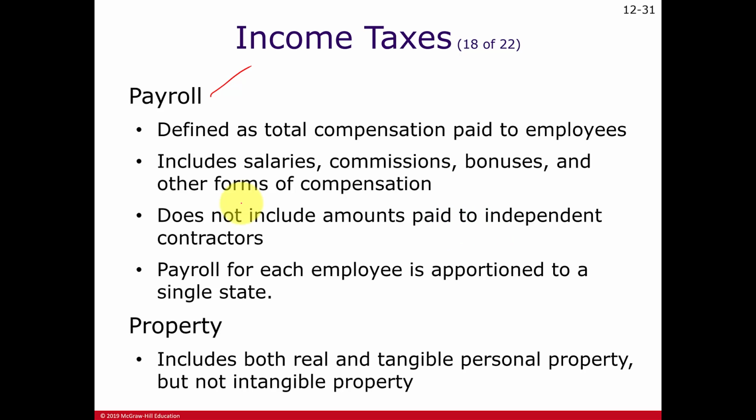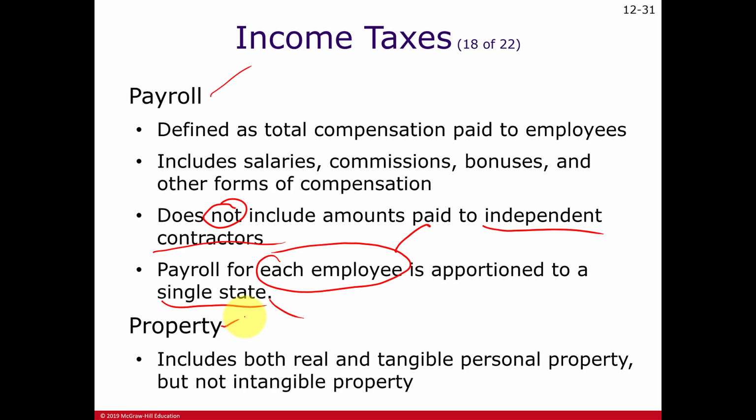That does not include payments to independent contractors acting as your agent. Here it says each employee's total pay has to be allocated to a single state. So if one employee does work for multiple states, you look at the state that has the largest amount of work being done by that employee, and all of that employee's pay is allocated to that one state.